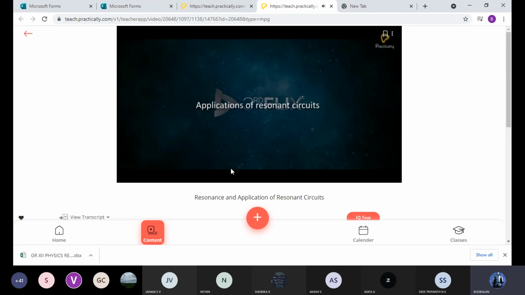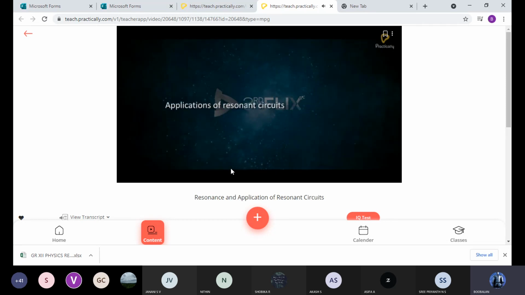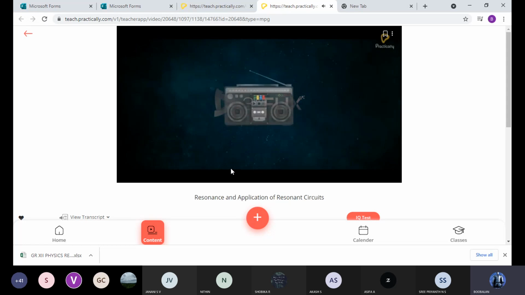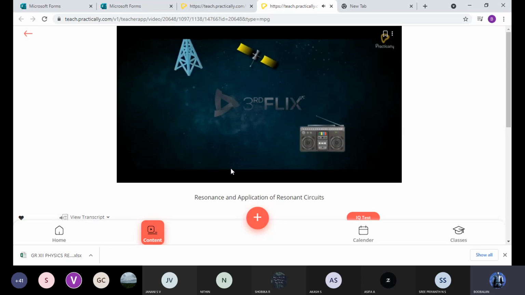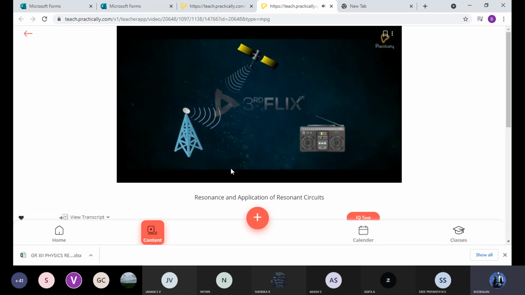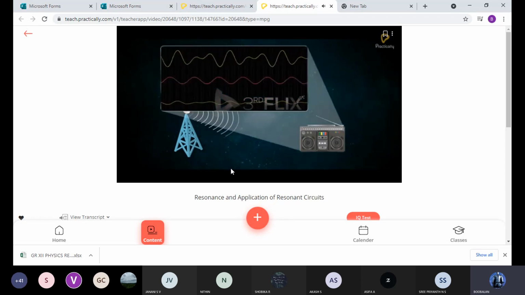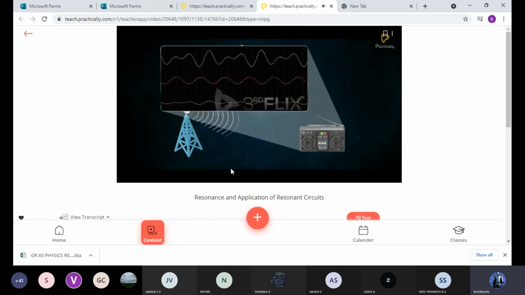Applications of resonance circuits. Resonance circuits are used in radios for tuning. The radio antenna accepts signals from many broadcasting stations, so the circuit is driven by many frequencies.